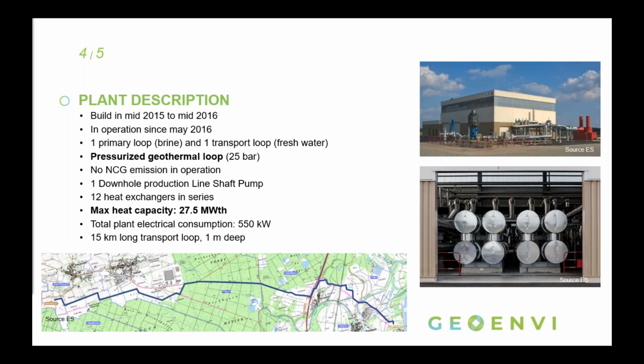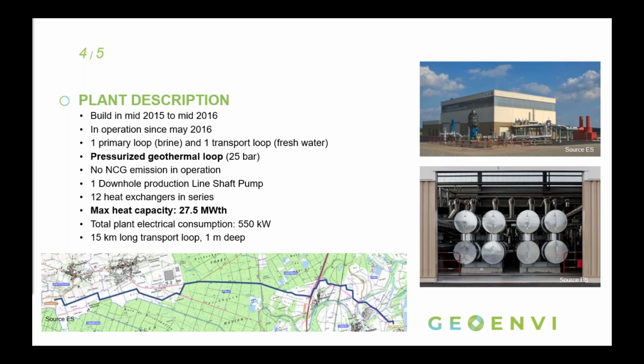So the heat plant was built between 2015 and 2016 and has been in operation since May 2016, so nearly 4 years now. This heat plant is designed with 2 loops, one primary loop with brine and one second transport loop with fresh water to transport the heat from the geothermal power plant to the starch plant.